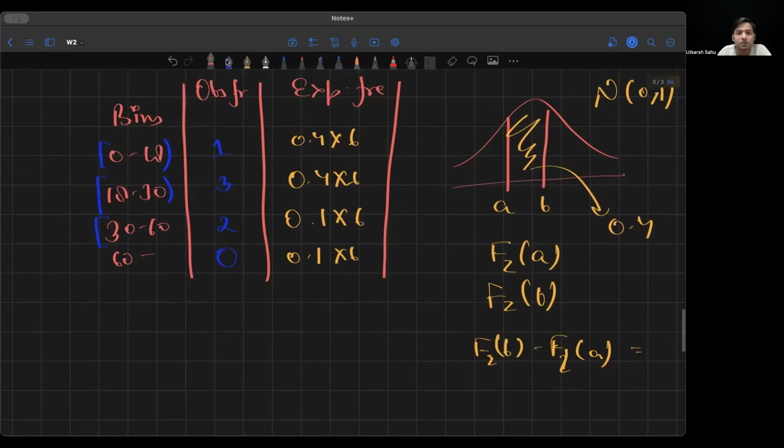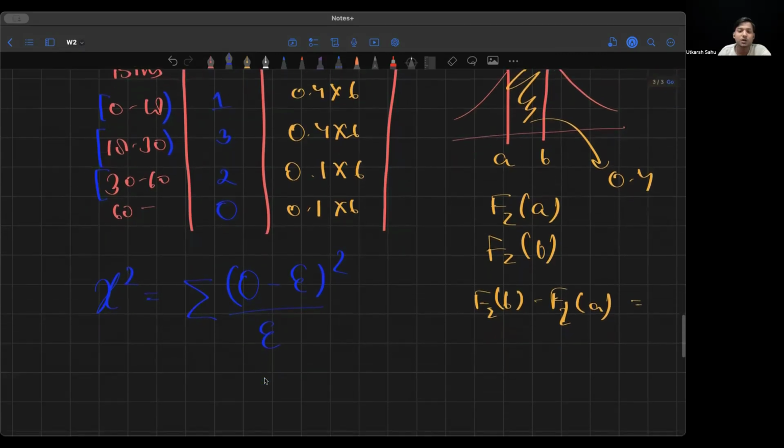Now, how do I calculate my chi-square test statistic? Basically, it is the summation of observed minus expected whole square by expected. This is something you should know, that we are dealing with chi-square goodness of fit. So we will have our test statistic like this, observed minus expected whole square by expected.